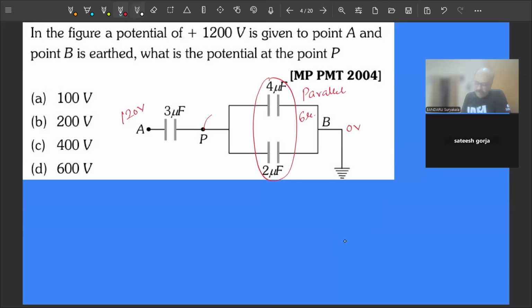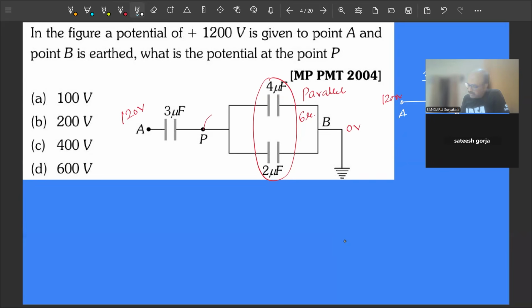So we can write the equivalent diagram. This is 3 microfarad. This is point B, 0 volt. Here we have 1200 volt. Take this as C1, this is V1. And 4 plus 2 becomes 6 microfarad.